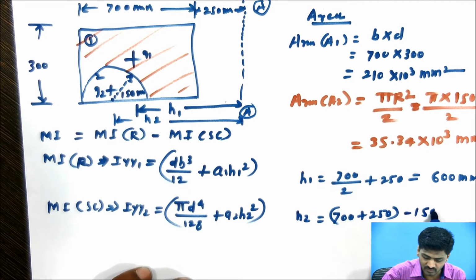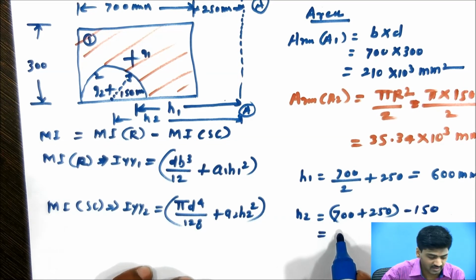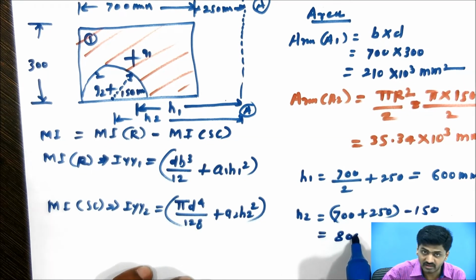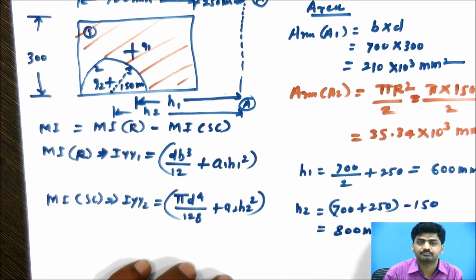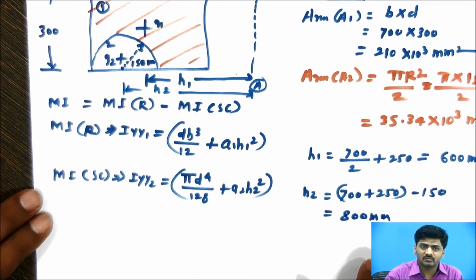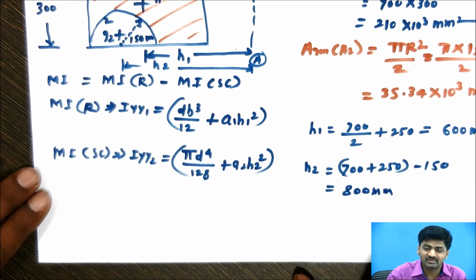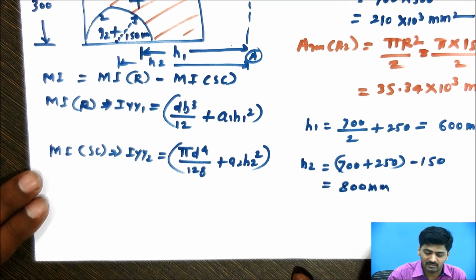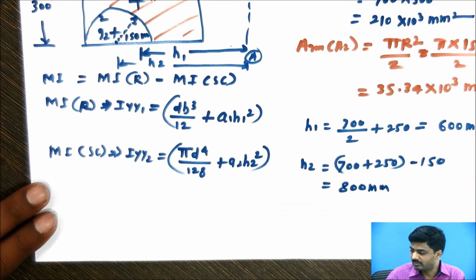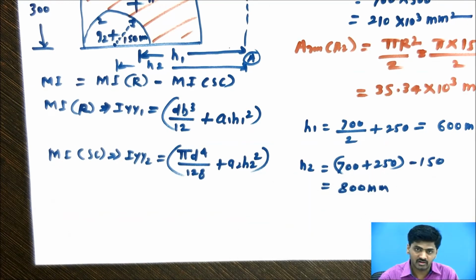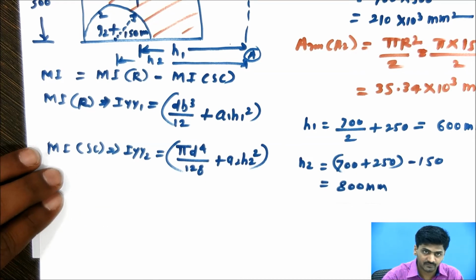So minus 150, do the calculation, you will get 800 mm. Now H1 is known, H2 is known, you may put the values in the formula. So you may observe, we are putting the values in the formula and trying to identify the answers.